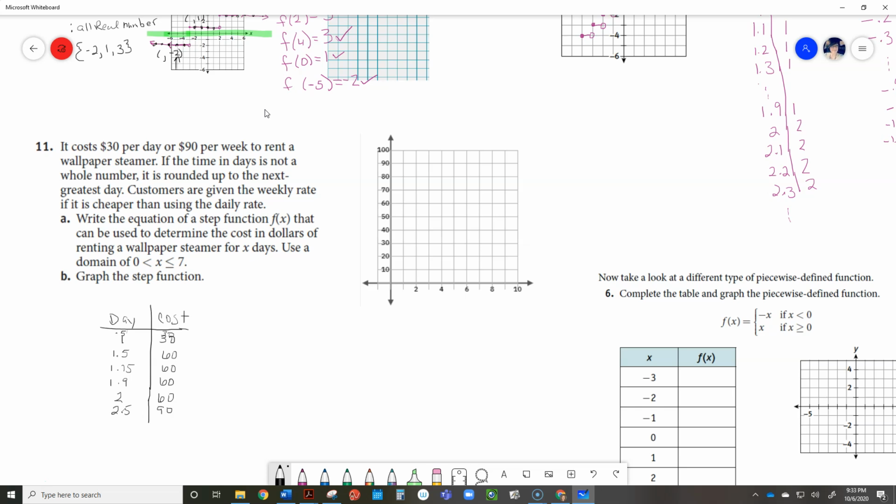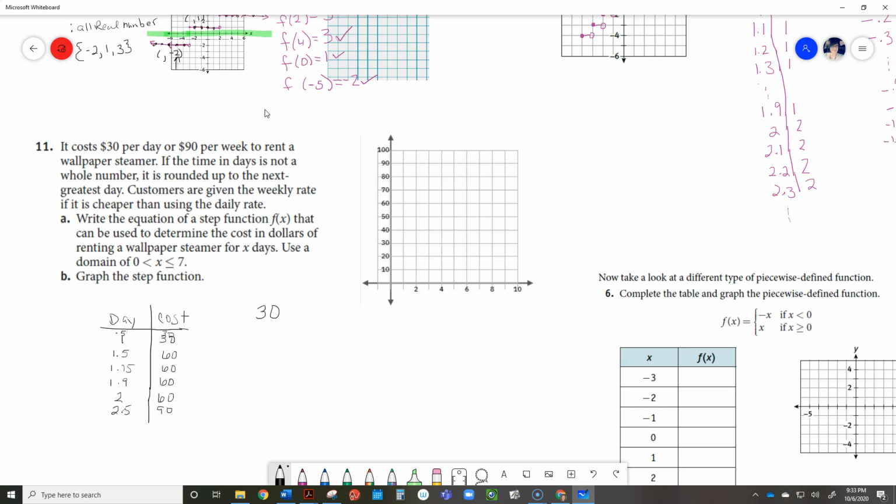And then it says you could get it for $90 for the whole week. If the time is not a whole number, it's rounded up to the next greatest day. Customers are given the weekly rate if it's cheaper than the daily rate. So anything beyond 2 days is going to be the same as the weekly rate. So to make this a little bit shorter, there's going to be 3 payments.